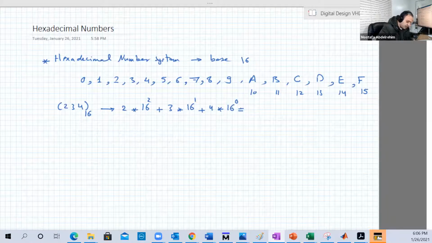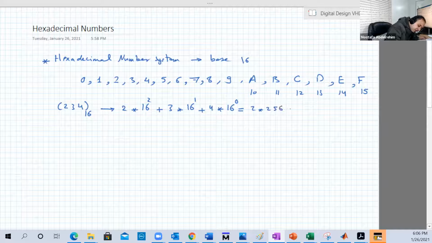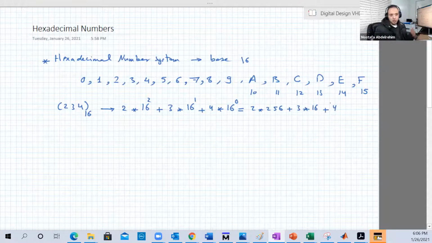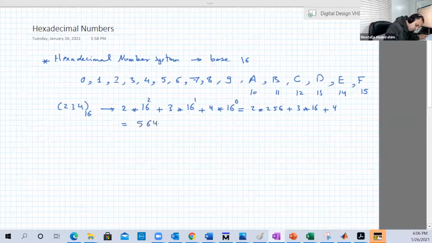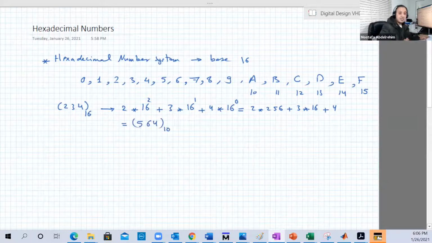16 squared is 256. So this is 2 multiplied by 256, plus 3 multiplied by 16, plus 4, because 16 to the power 0 is just 1. If we calculate this, it adds up to 564 with base 10.